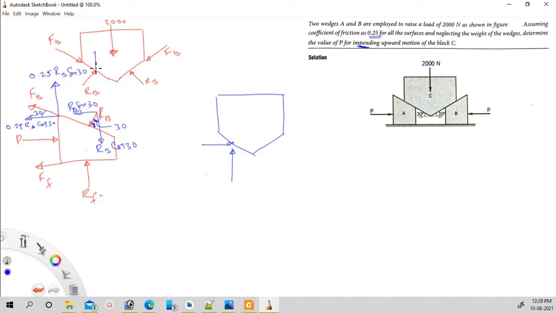So it will be like this. Okay, component of this force RB. So this is RB, and this will be 30 degree. The angle will be 30 degree.